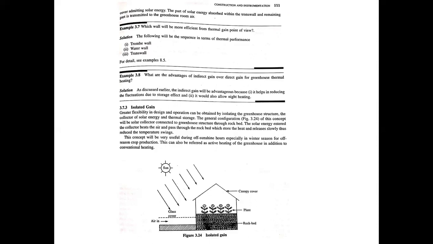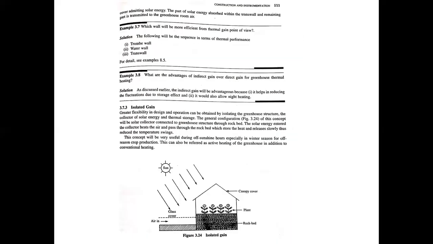Then the glazing cover or canopy cover is provided. In isolated gain, the proper air condition is maintained within the greenhouse by making it a properly ventilated house. During sunshine hours and off season, it is very useful as it has a properly ventilated environment. So it has the isolated type of ventilation.